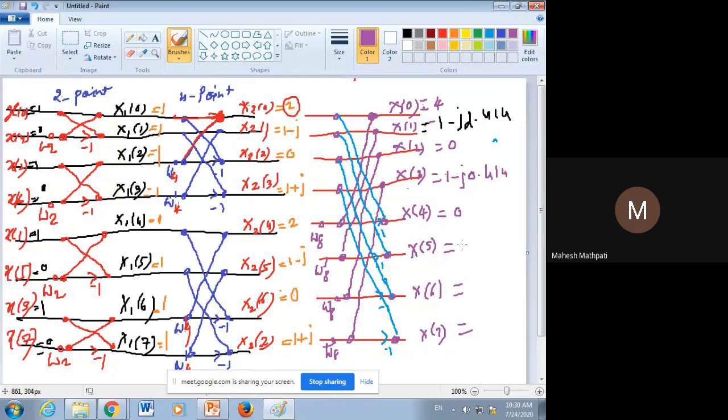X of 5, 1 plus j 0.414. Then X of 6, 0. And lastly, X of 7, 1 plus j 2.414.